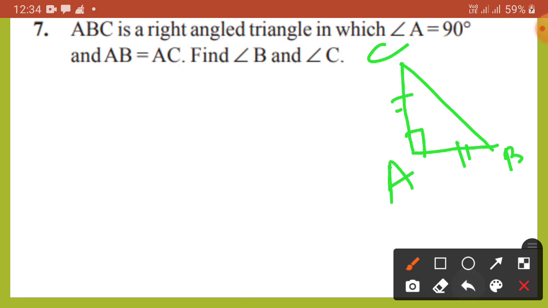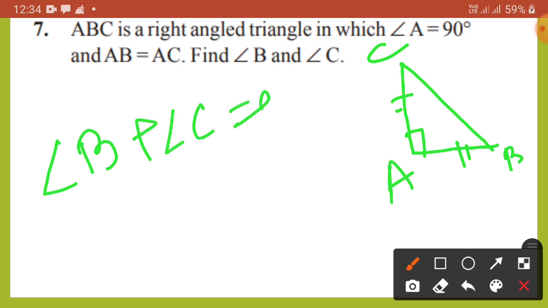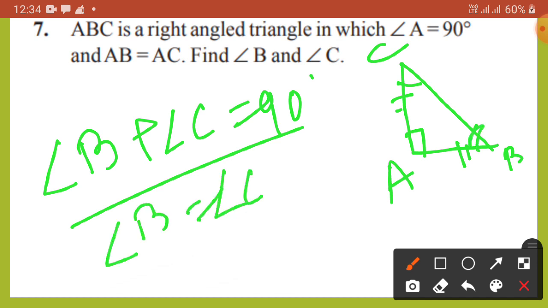So angle B plus angle C equal to 90 degree. Now angle B equal to angle C because angles opposite to equal sides of an isosceles triangle are equal, so angle B equal to angle C equal to 45 degree. Got it?